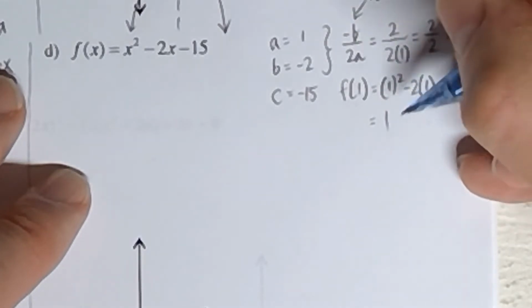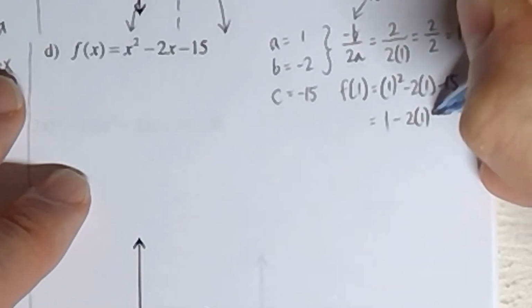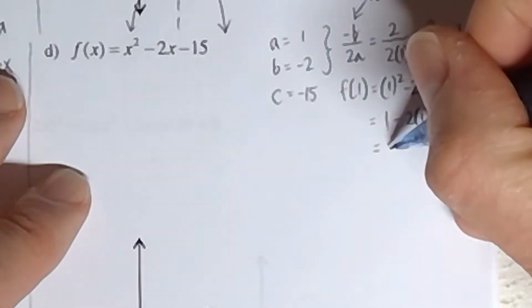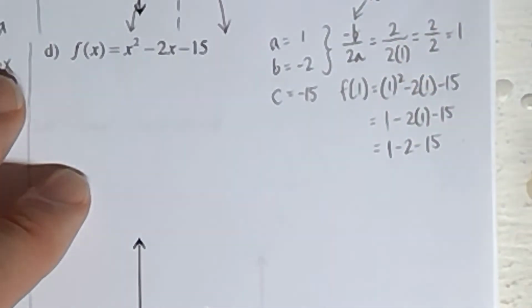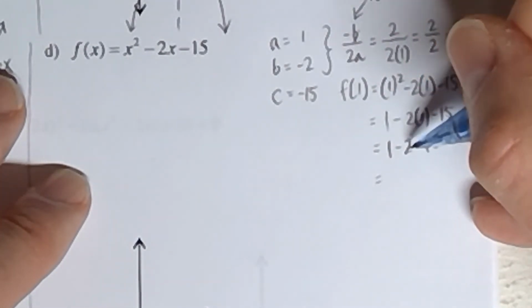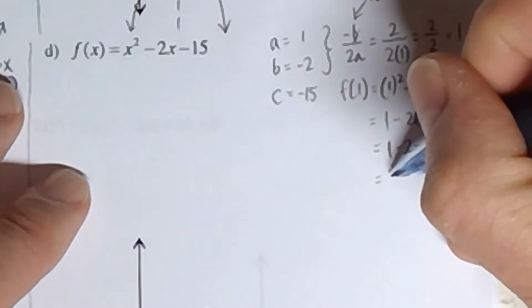Exponent first here. And then we do -2 times 1, which is -2. And then finally we subtract. Got to go from left to right though. So 1 minus 2 is -1, and then -15 would be -16.